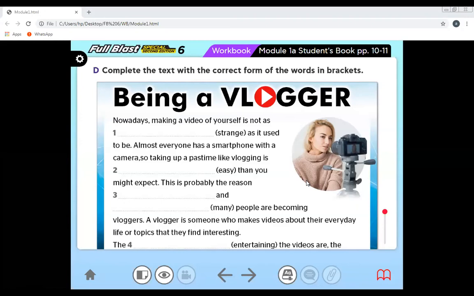Page 6 in the workbook, exercise D. We will complete the text with the correct form of the words in brackets. Number 1. Nowadays, making a video of yourself is not as, and we have got the word strange.